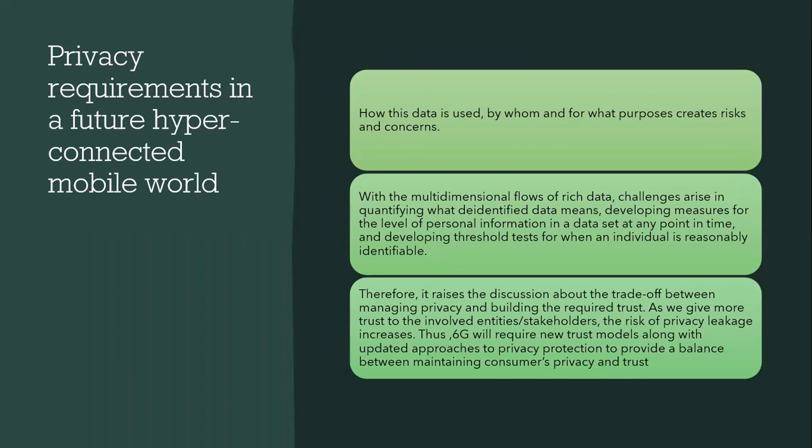How this data is being used is one of the mind-boggling and very disturbing facts that, from first G, second G, third G, fourth G, fifth G, and even in 6G, is not being taken care of 100%. So how is the data being used, by whom, and for what purpose? This creates risks and concerns because the end user, who is the consumer, is not in control.